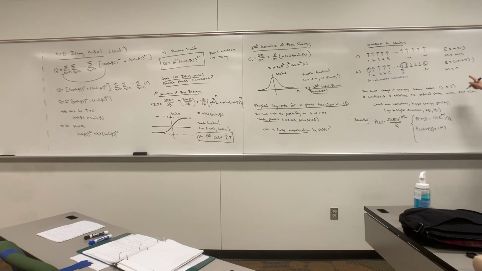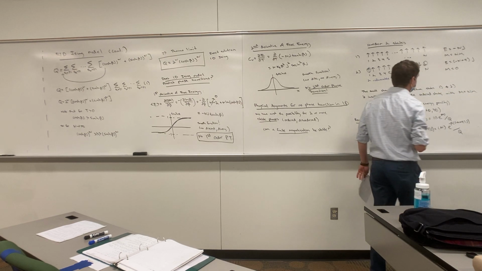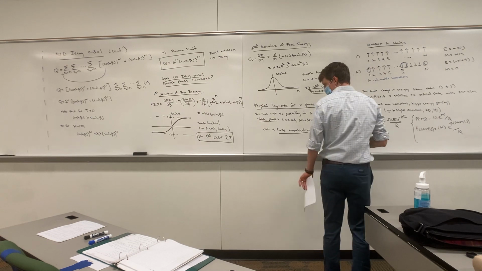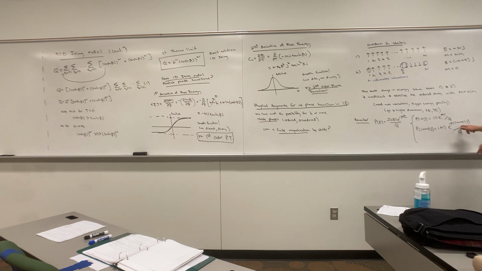Okay. The energy, we know what that is. So it's e to the minus beta times minus n plus 4J, okay, over Q. Now let's factor the minus beta 4J out of here and group it with this term.